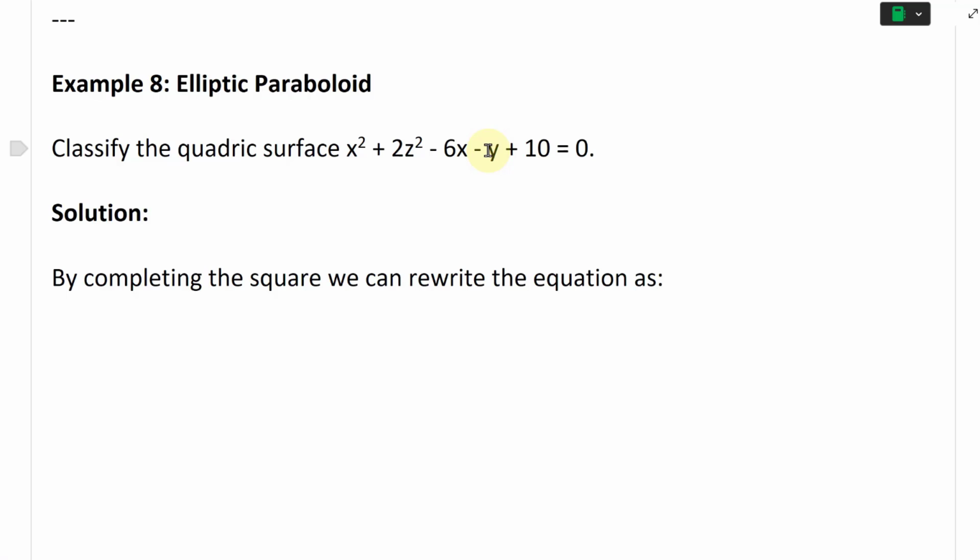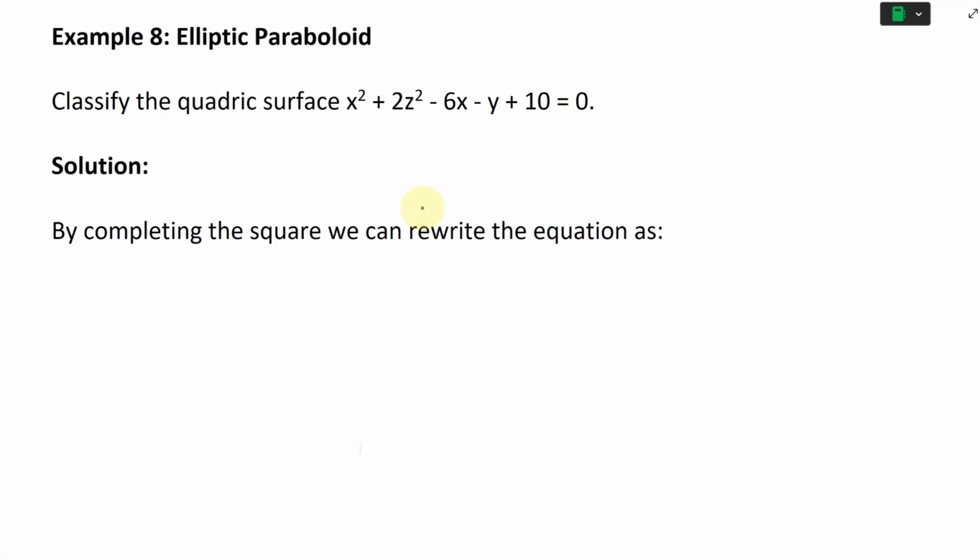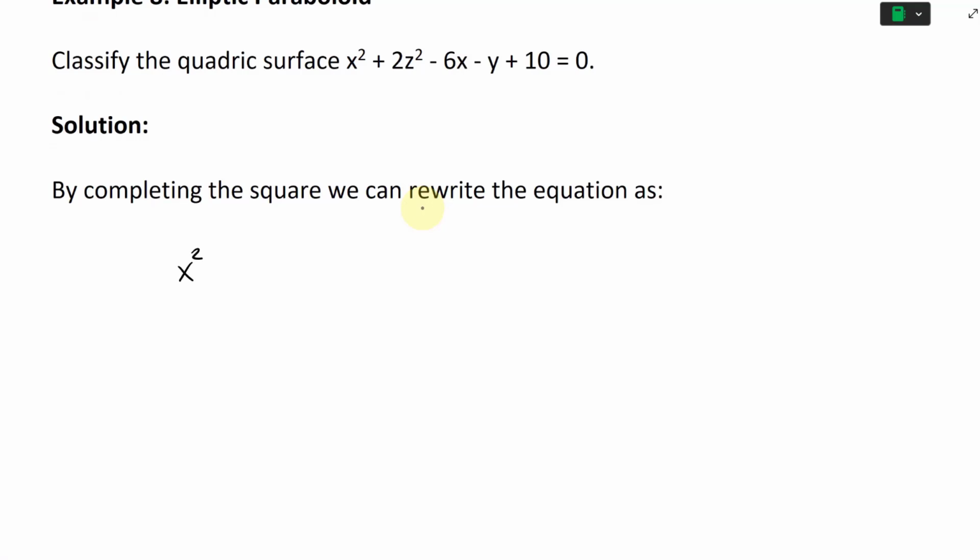So by completing the square, we can rewrite this equation as, so I'll write this down with all of the relevant parts for the completing the square in front. So we'll have x squared, and then minus 6x plus 10, and then so we just added this part in front just to make it easier. And then we're going to have plus 2z squared, and then minus y.